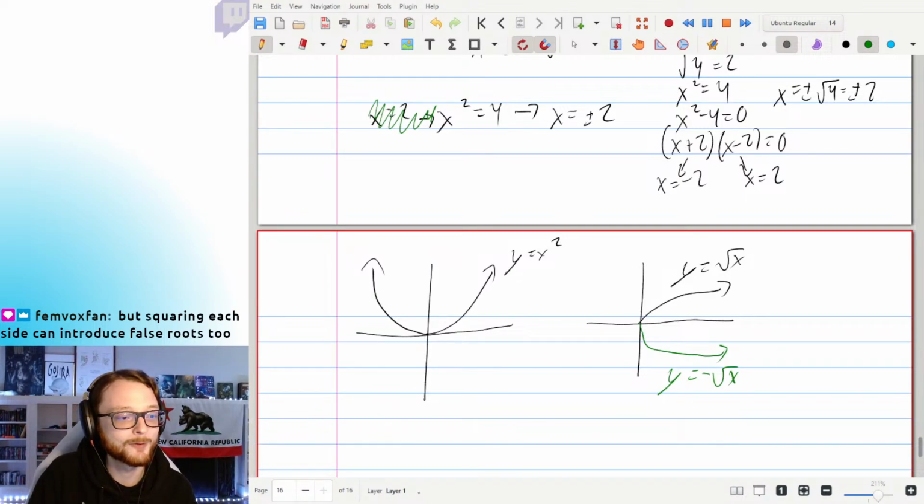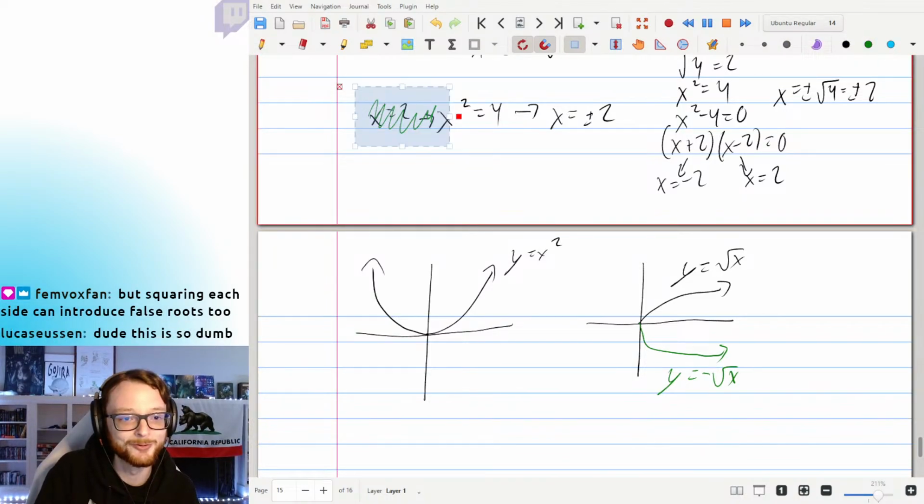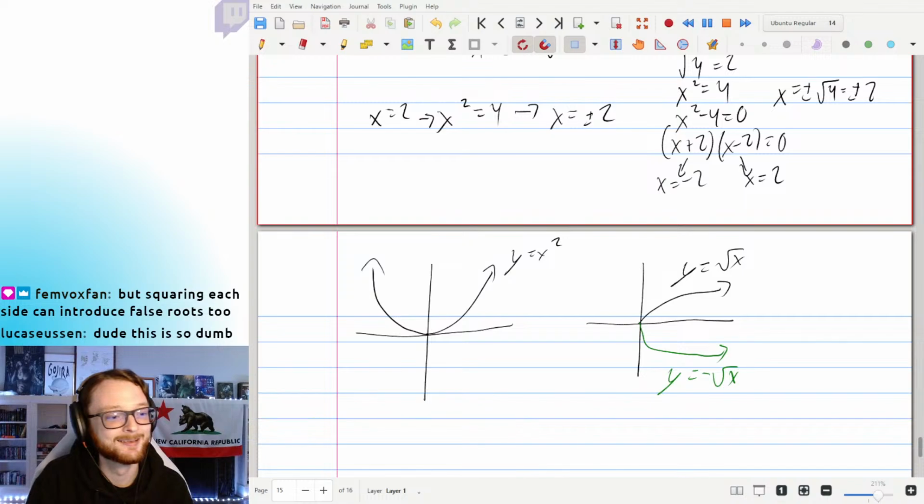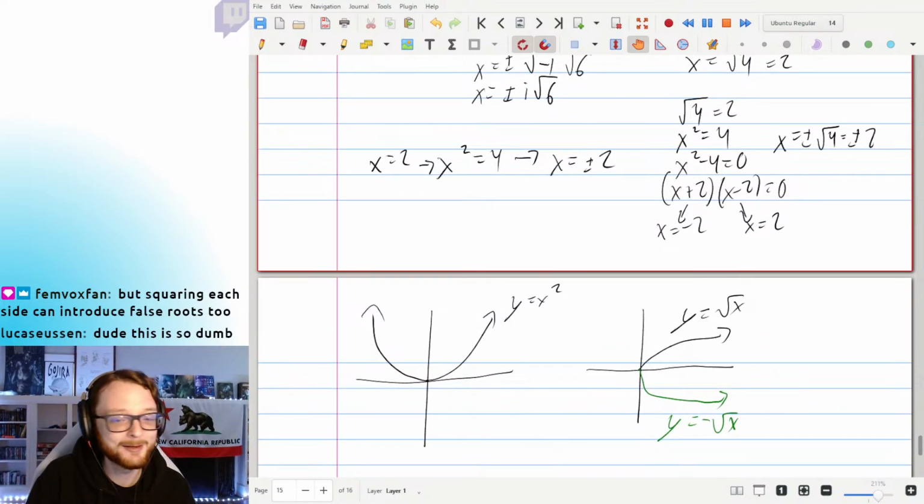Range, I can introduce false roots. Yeah, maybe we should get into that piece, but that's also true. It is dumb. It's really awkward and annoying, and it's easy to forget. But it's the truth, unfortunately.